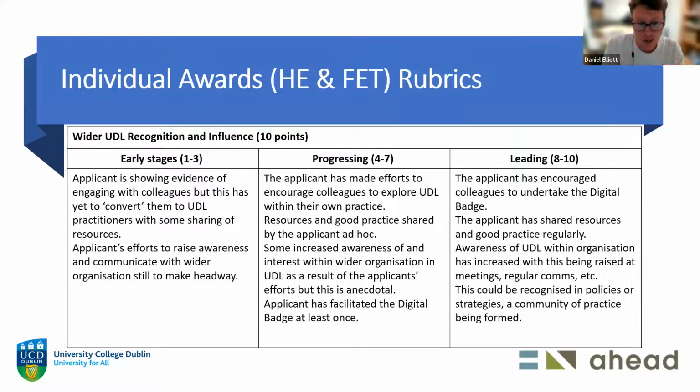We've split it into early stages, progressing and leading. In early stages, the applicant is showing evidence of engaging with colleagues, but is yet to convert them to UGL practitioners, with some sharing of resources. Applicants' efforts to raise awareness and communicate with wider organisations still need to make headway.